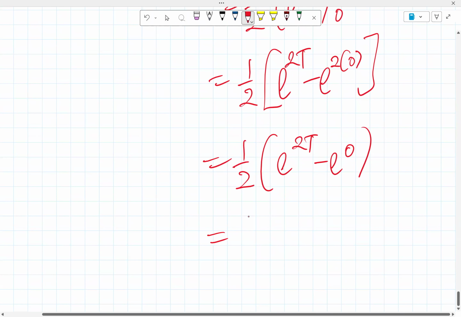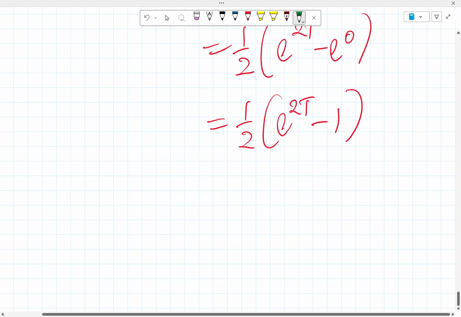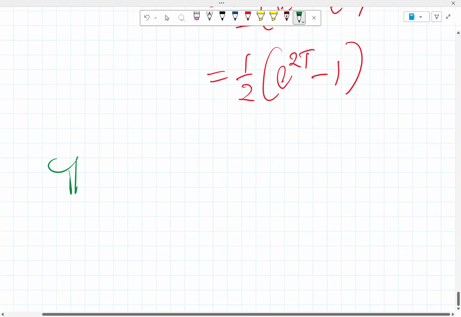That means half times e^(2T) minus 1. So that's computed.